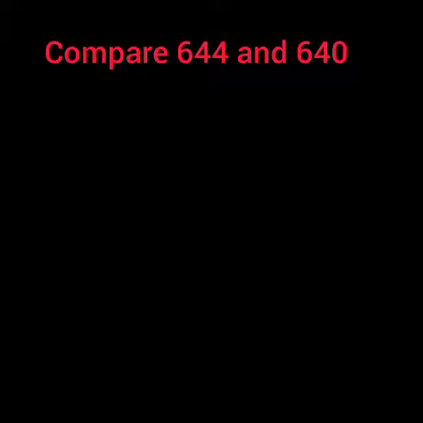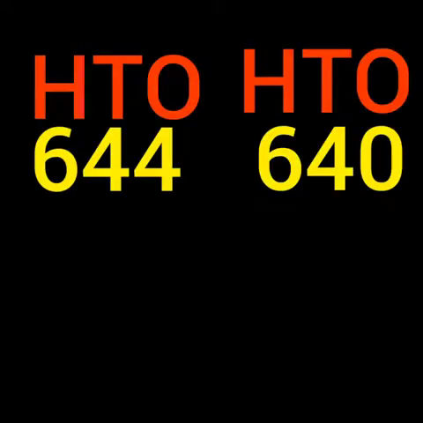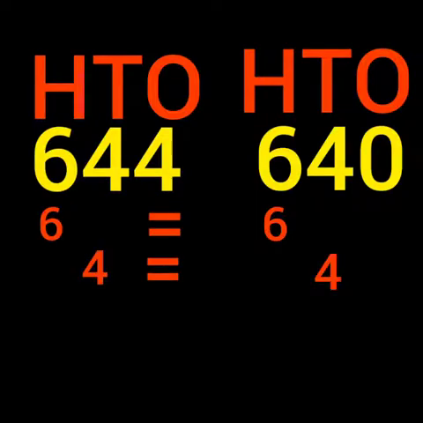Then compare another two numbers, 644 and 640. Since both the numbers have three digits, we have to compare the first digit, or compare the numerals in the hundreds place. Yes, in both numbers, 6 is the first digit. So compare the second digit. Here both the numbers have 4 as the second digit, which means the first and second digits of both the numbers are the same.